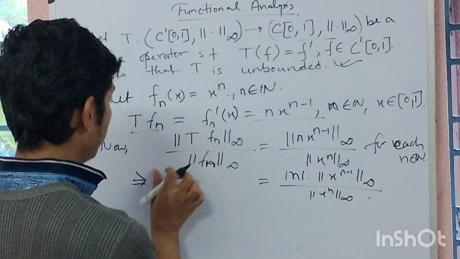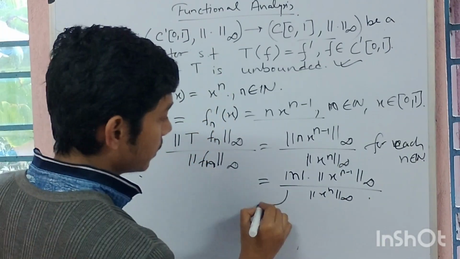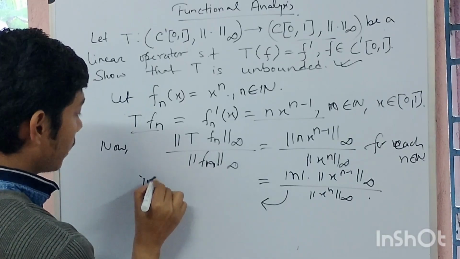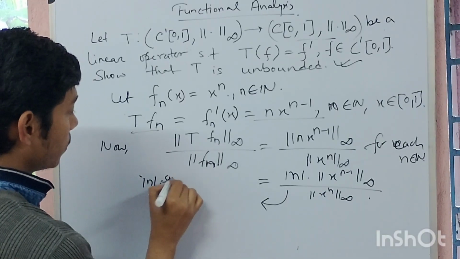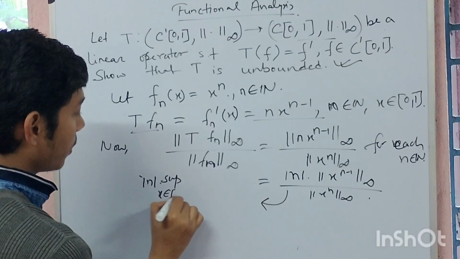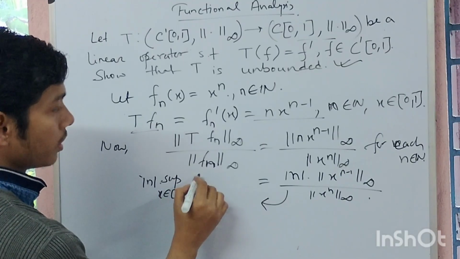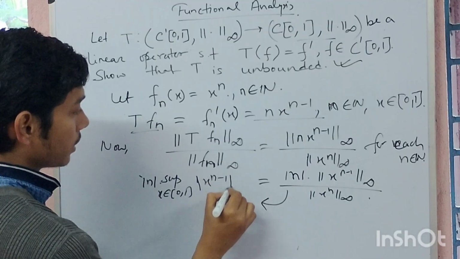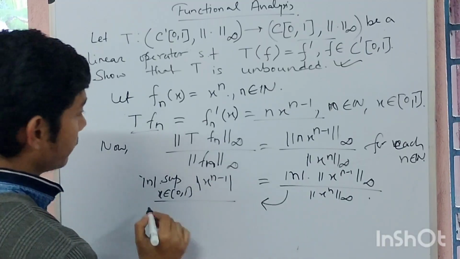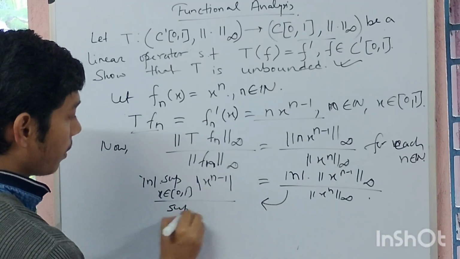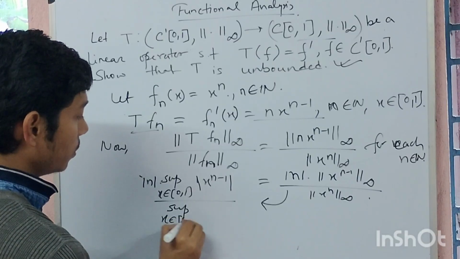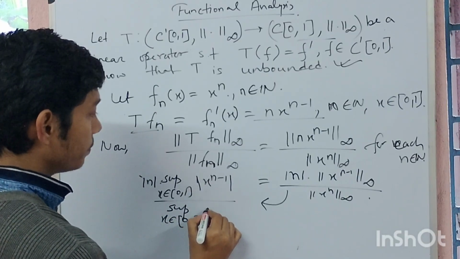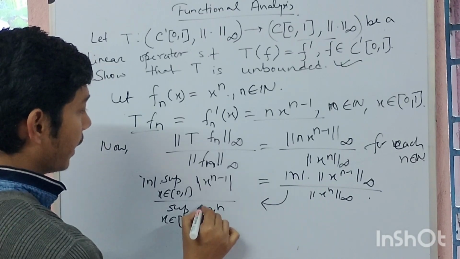Now, what will this be? This will be mod n into the supremum, where x belongs to 0 to 1, of mod of x to the power n minus 1, divided by the supremum, x belongs to 0 to 1, of mod of x to the power n.